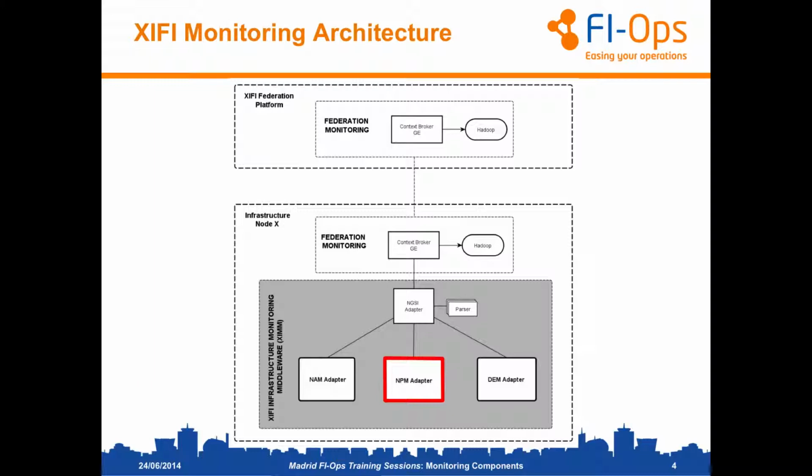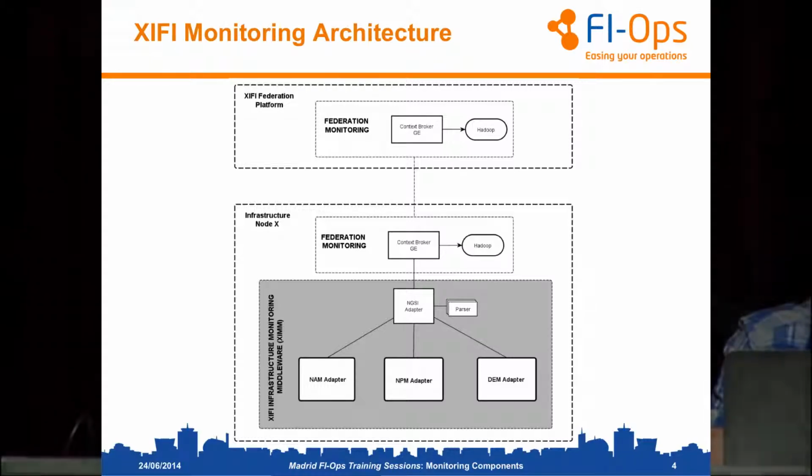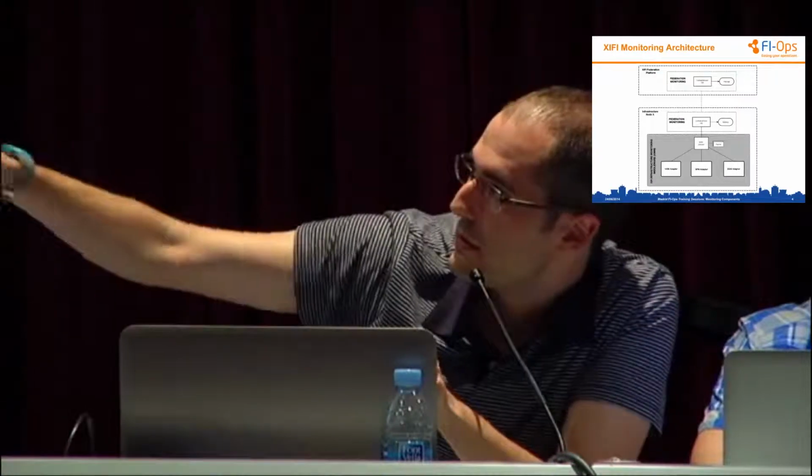But this component is still ongoing, so I won't go into detail. You will see it later. And the DEM, which is for Datacentre and Enablers Monitoring. All those go into the NGSI Adapter, which is for adapting the different formats. This is why we have some parsers. And this will fit to the context broker and so on up to the federation platform.